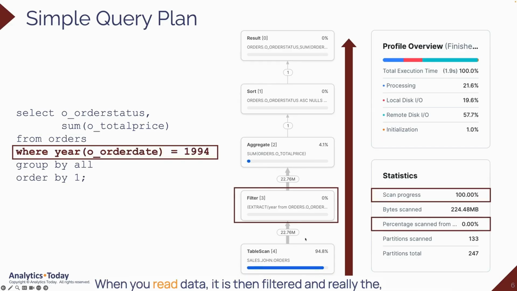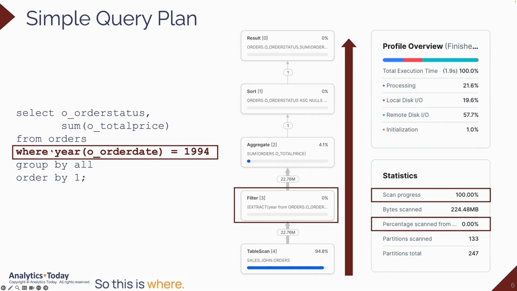When you read data, it is then filtered, and really these statistics relate to the table scan operation. The scan progress at this point, the query has finished, is 100%, and there's nothing scanned from the cache. And the next step is the filter clause.